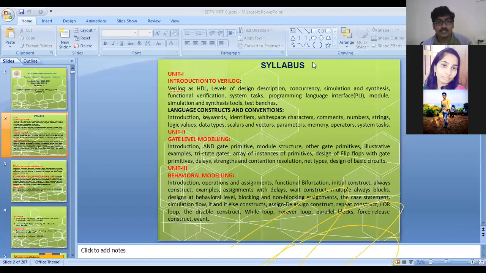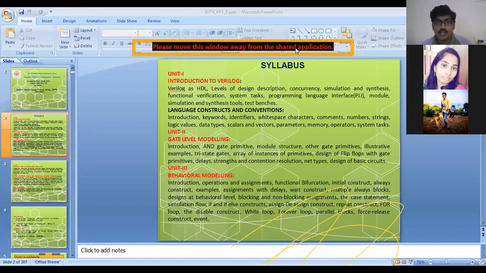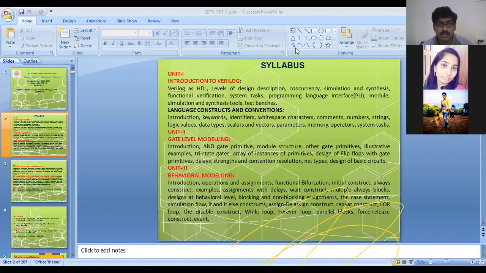Next, in unit 2, we'll be discussing gate level modeling. We'll see first the introduction to that, and n-gate primitives, module structures, and other gate primitives. We'll discuss some examples there, and we can also see some tri-state gates.